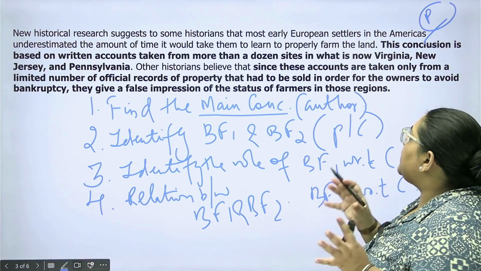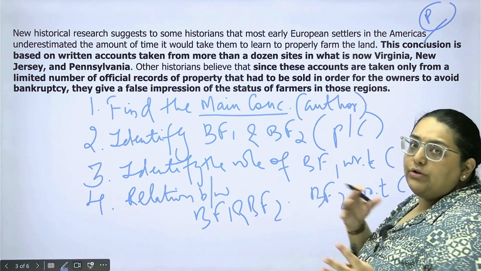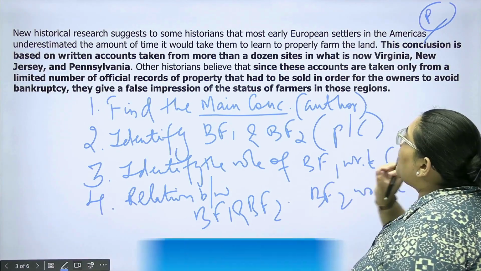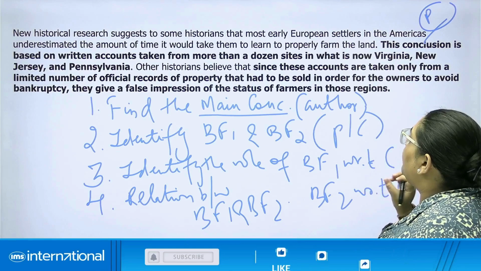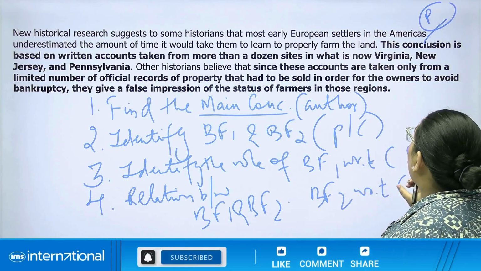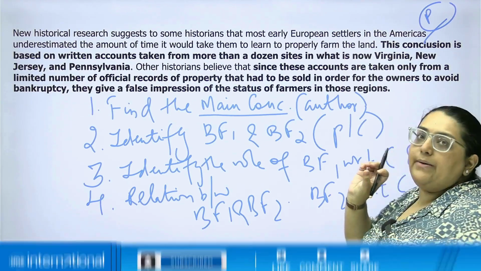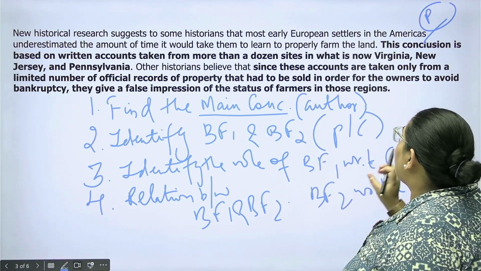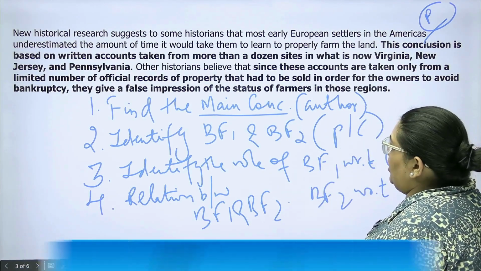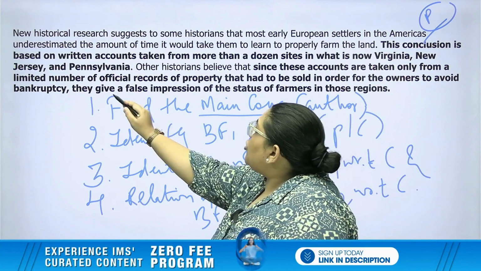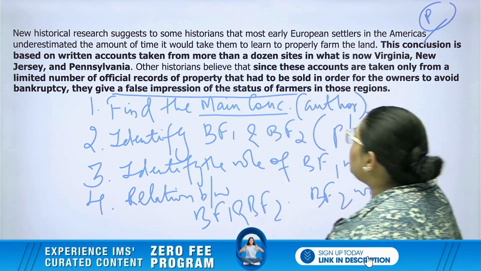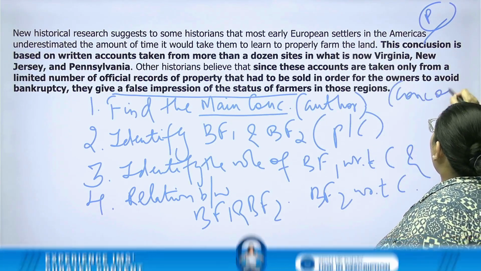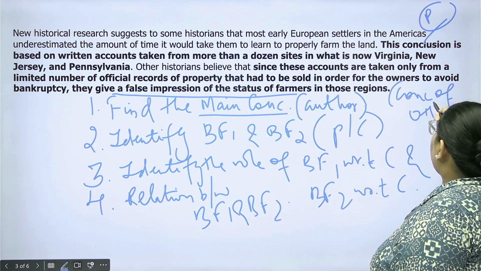Other historians believe that, okay, so what do the other historians believe? Since these accounts are taken only from a limited number of official records of property that had to be sold in order for the owners to avoid bankruptcy, they gave a false impression of the status of farmers in these regions. So, the other historians believe that this impression was false. So, this is actually the conclusion of the other historians.